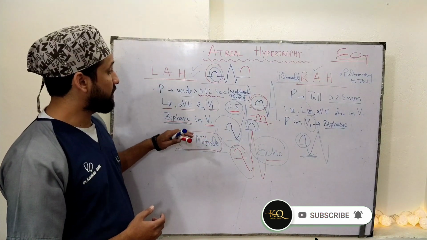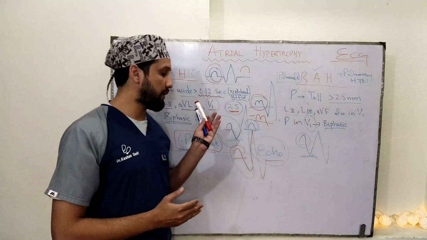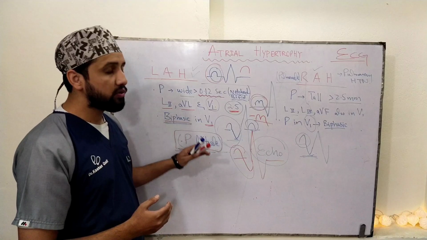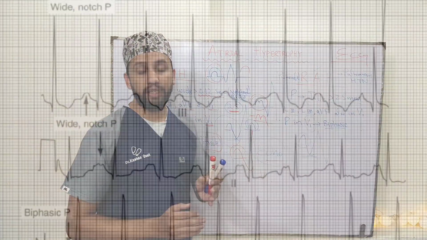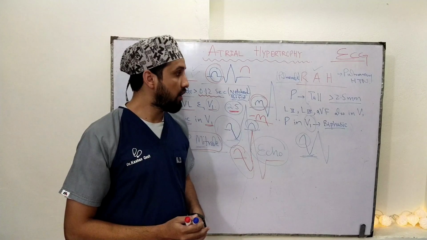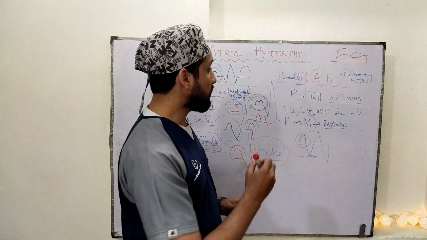So we have discussed the causes for P mitral, and the left atrial enlargement and the ECG changes seen in left atrial hypertrophy. Now we are going to discuss right atrial hypertrophy.